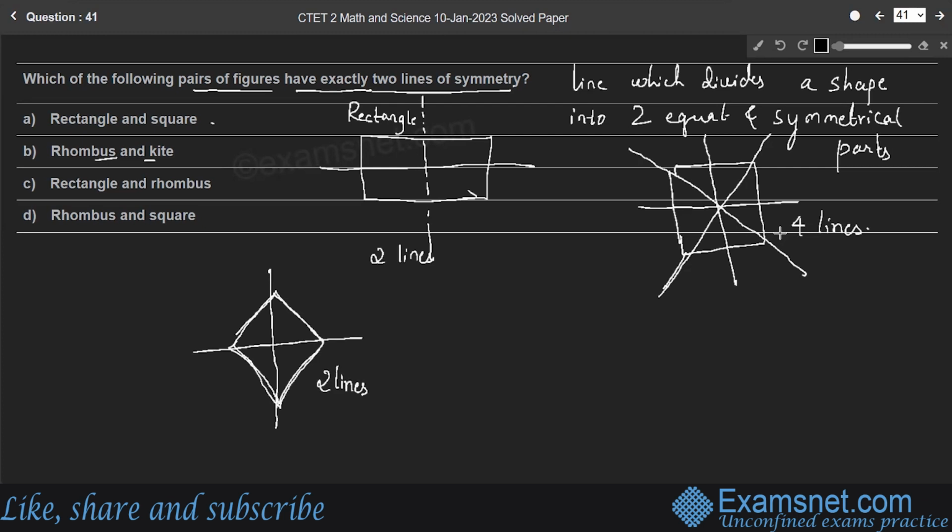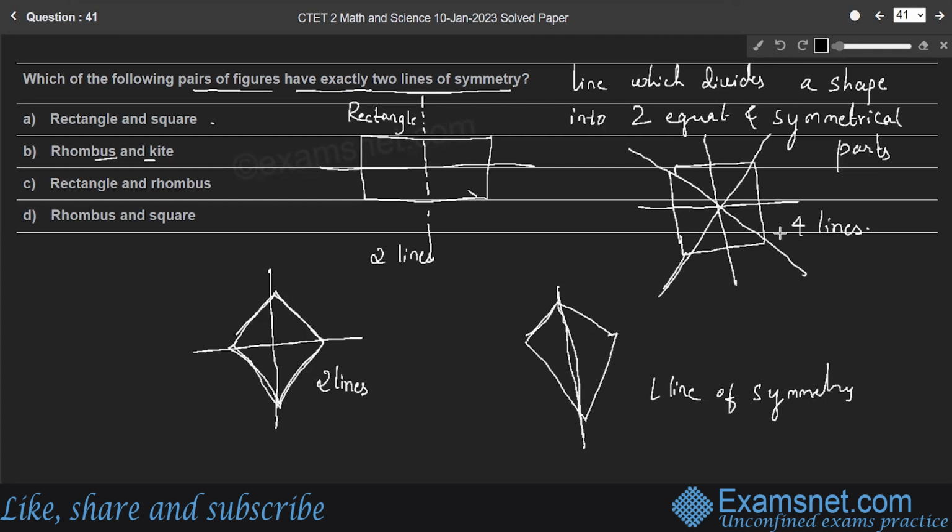Next is kite. In case of kite, the upper portion lines are smaller compared to the lower portion. So the line which passes through the mid portion, only the vertical line, can divide the kite into 2 equal parts. Hence, it has only one line of symmetry.